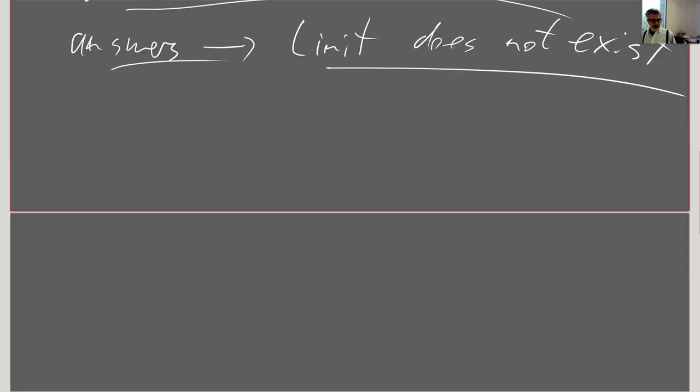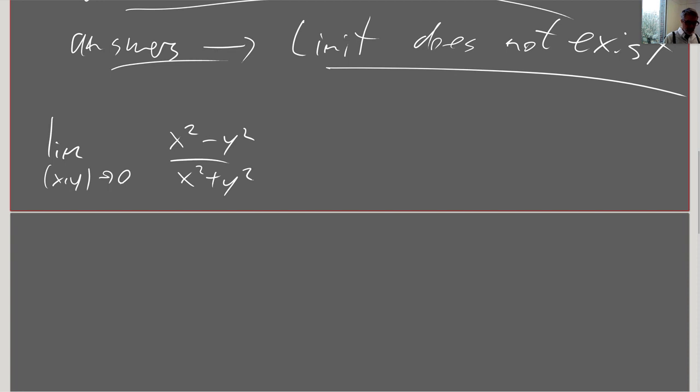So let's look at the limit, as x, y goes to 0, so we have two numbers going to 0, of f of xy, or let's do a particular function, x squared minus y squared over x squared plus y squared. Okay, so the answer in this case does not exist.